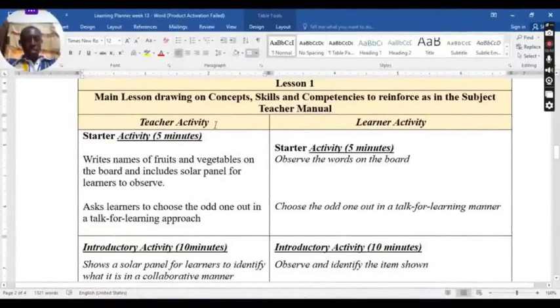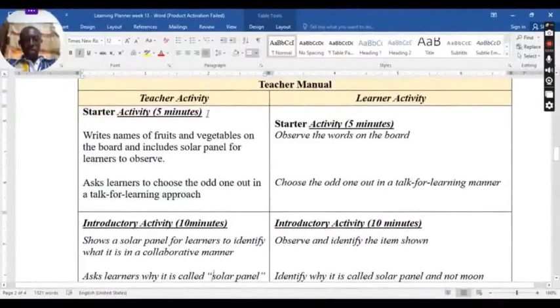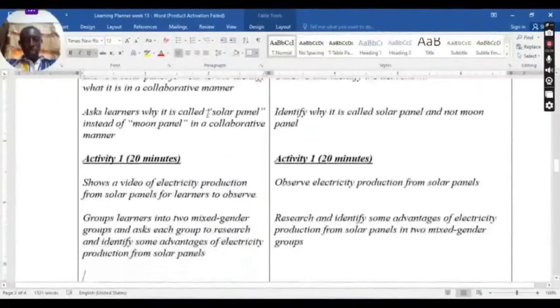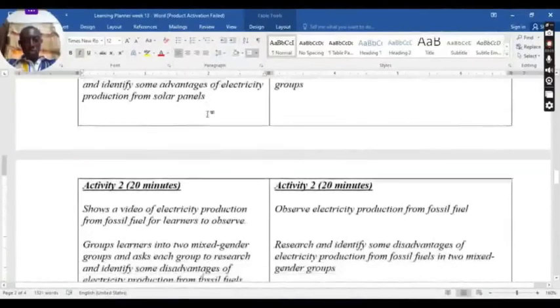So let's look at lesson 1, the teacher and learner activity. Teacher activity on the left, learner activity on the right. Now when looking at the starter, there's a time allocated for it. The lesson is 60 minutes, so you have to allocate the time that will befit you. The lesson starts with the starter, then from there you go to the introductory activity, then activity 1, activity 2.